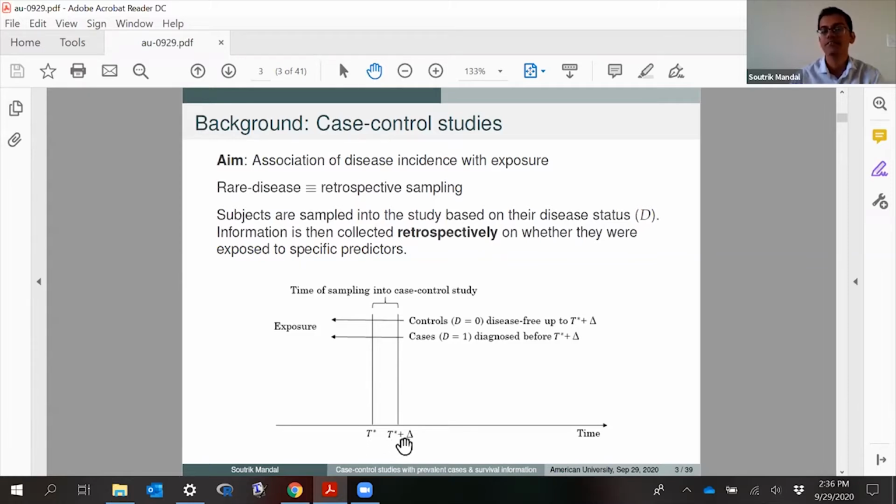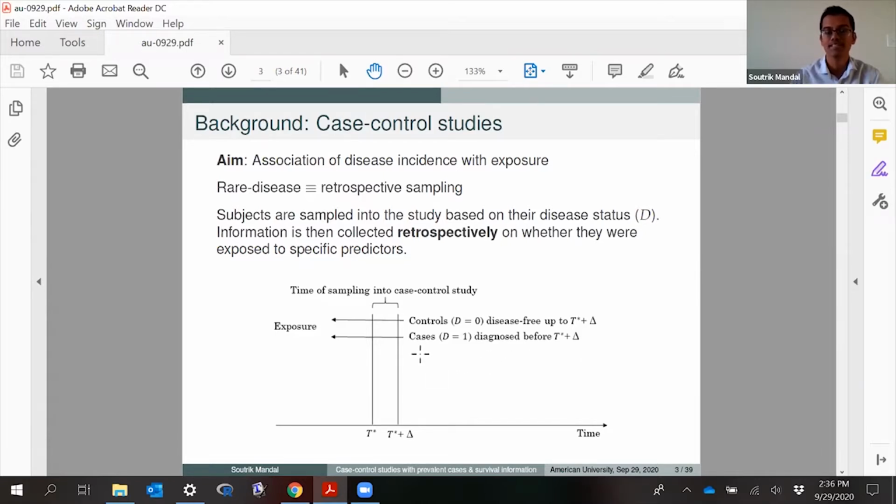Delta is a very short interval of time, so you can think of this as a cross-sectional study. And we sample subjects based on their disease status. So D equal to 0 means the subject is disease-free up to the end of the study, and we call them controls. And D equals 1 means the subject was diagnosed with disease before the end of study.